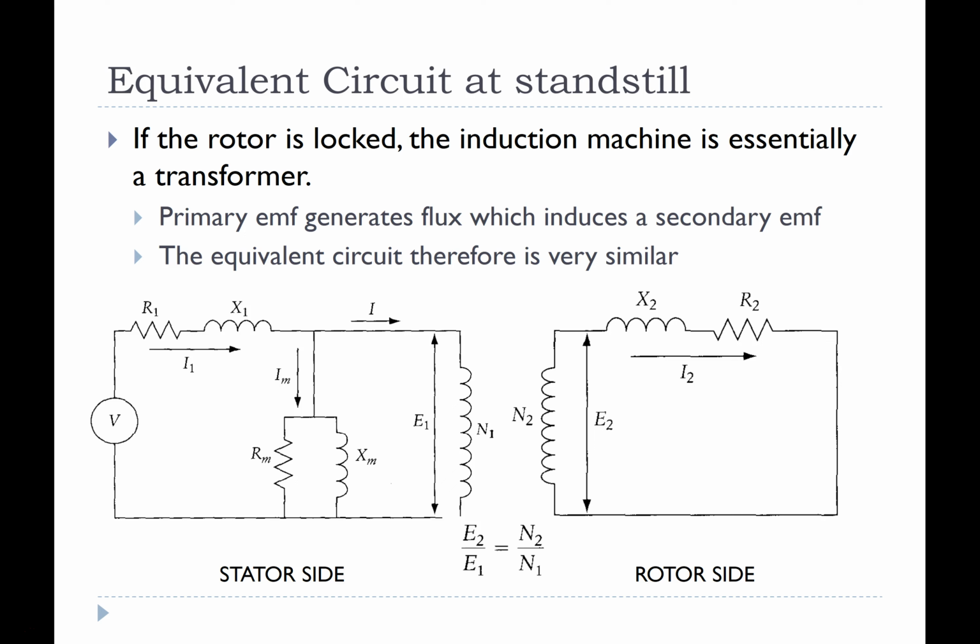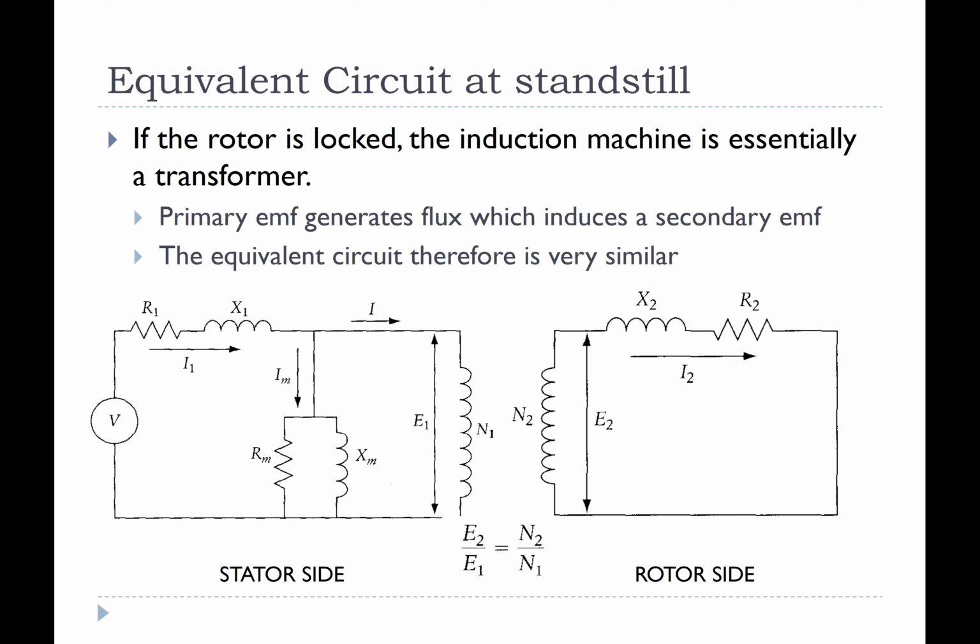So if we look at the equivalent circuit now for the locked rotor, we have some stator windings in a magnetic field experiencing an alternating current, which gives us an alternating magnetic field, which induces an EMF in the secondary.